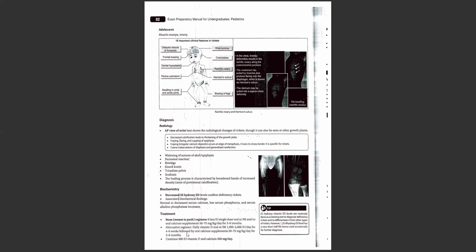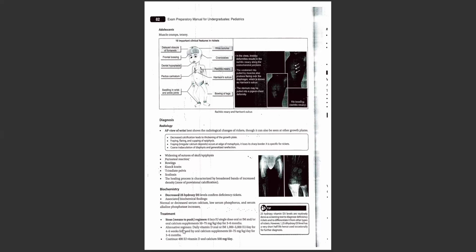Then how will you treat vitamin D deficiency? The STOSS regimen, that is 6 lakh international units single dose, oral or intramuscular, and oral calcium supplements 50 to 75 milligram per kilogram per day for 3 to 6 months.